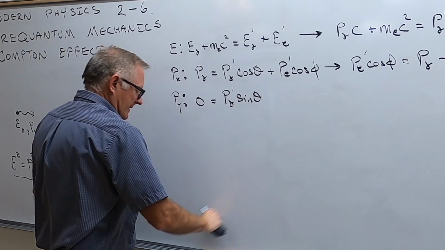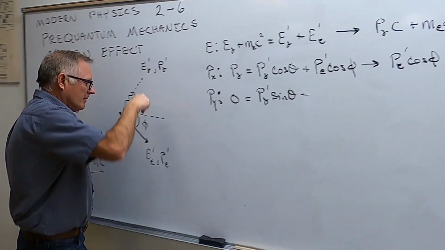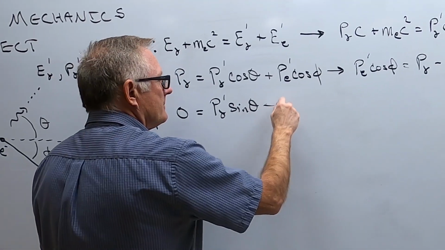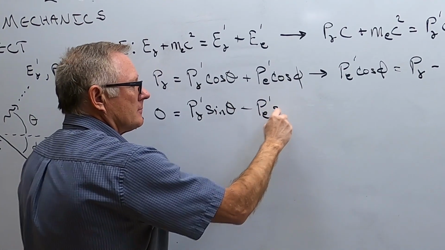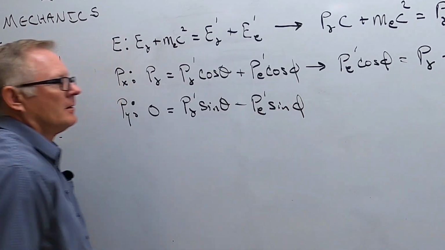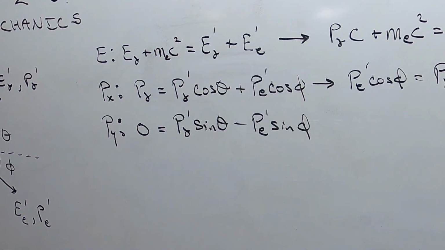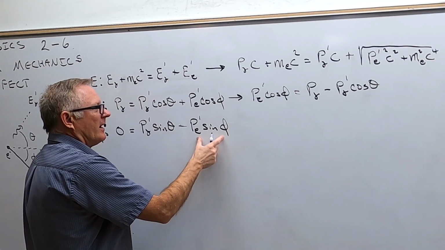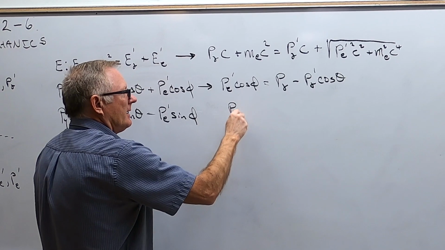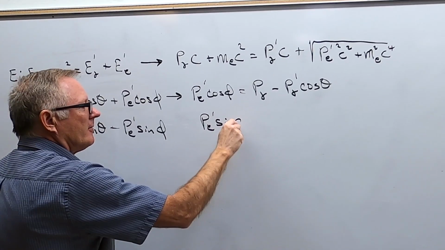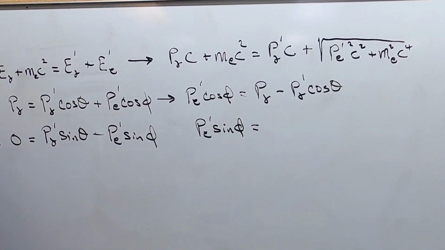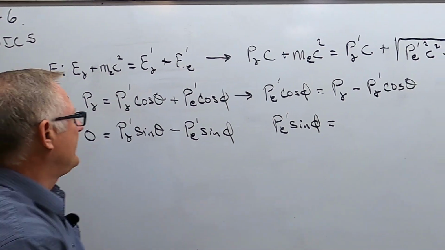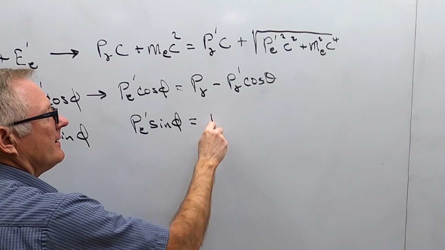So it's minus the momentum this way, which is pe prime sine phi. Okay, so there's all my equations. I might as well solve for pe prime sine of phi. And these two are equal, I'll just move it to the other side. So this is p gamma prime sine theta.